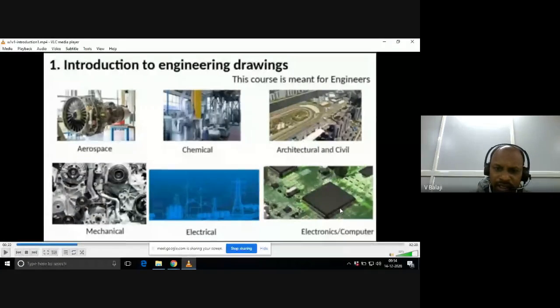Such an important responsibility lies with you. You need to generate important drawings, sketches and designs compatible with the manufacturing industry.